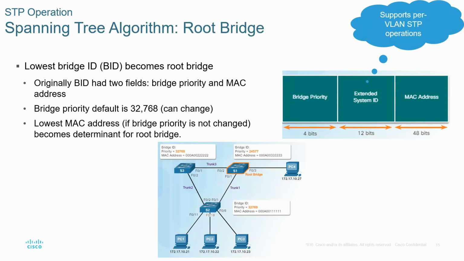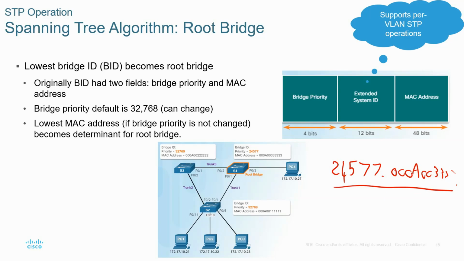If you see the figure on the bottom, you have the three switches. Switch 3 and switch 2 have a priority 32769. So the bridge priority is set to 32769. And we see the MAC addresses here. Switch S1 has priority 24577. Now, if you put the bridge priority 24577 next to the MAC address, 000A00333333, this here is actually the collective bridge ID.